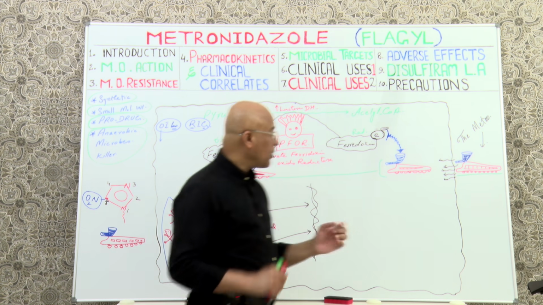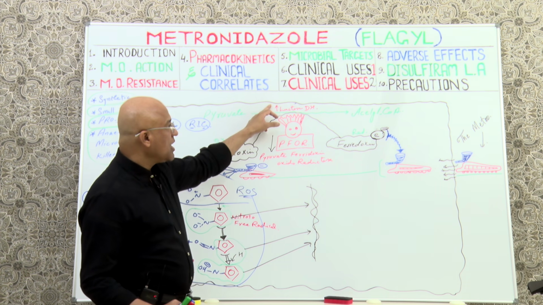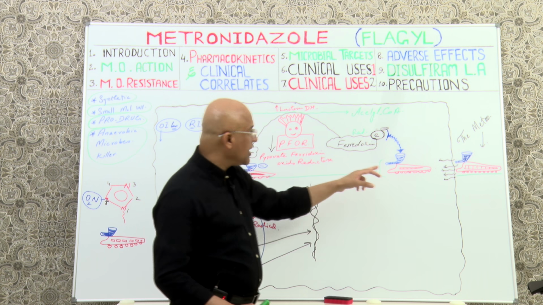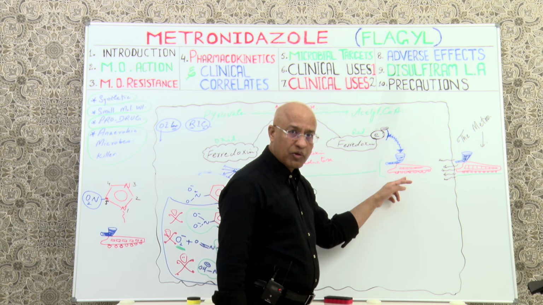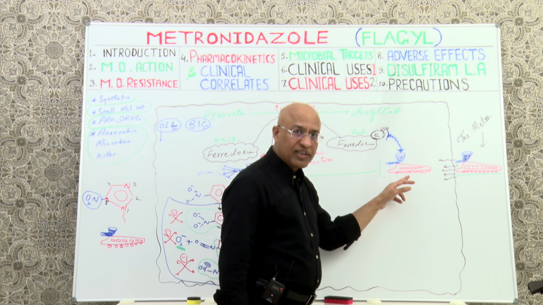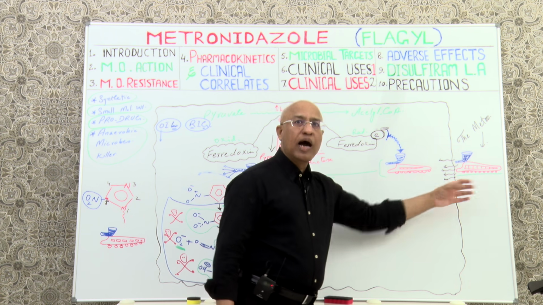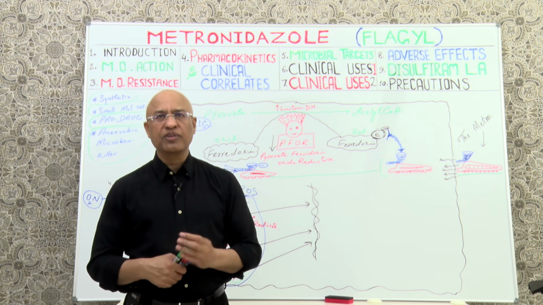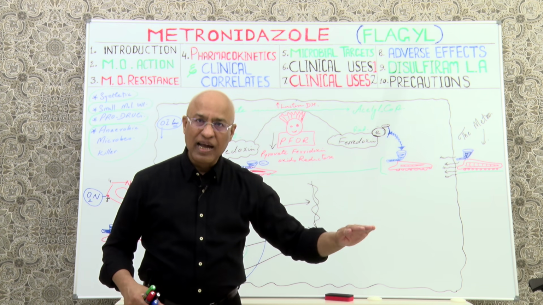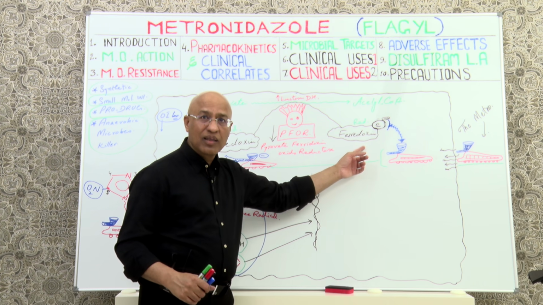If the electron is not provided to metronidazole, it stays inactive, so the concentration gradient is not built and uptake of metronidazole is reduced.